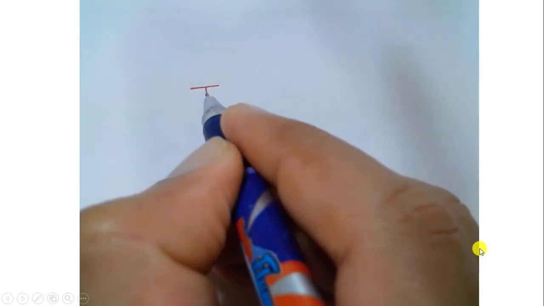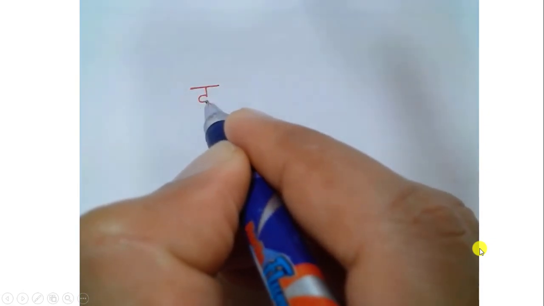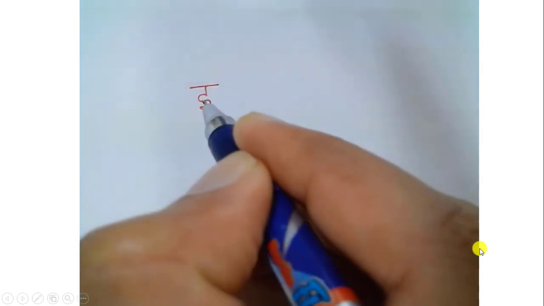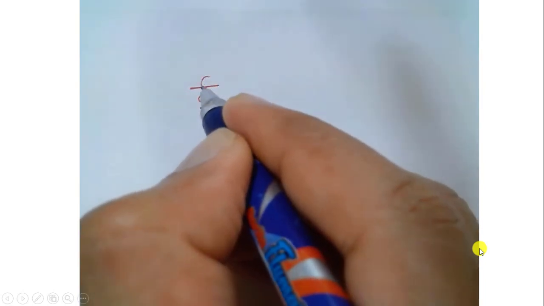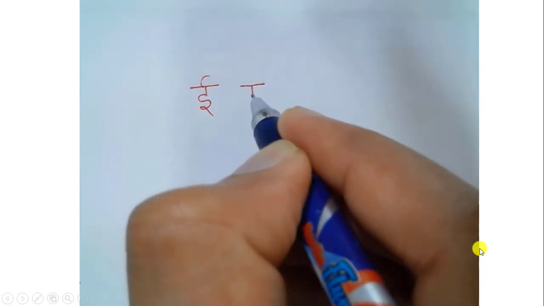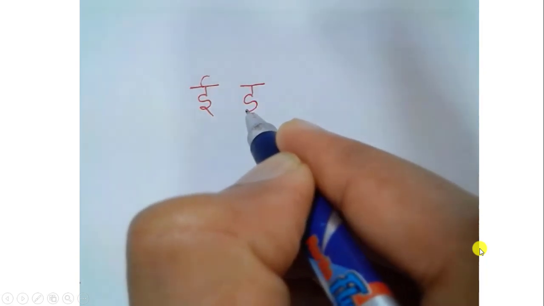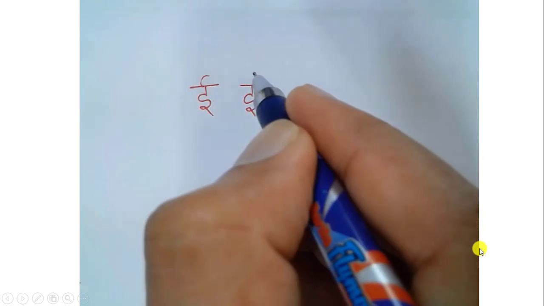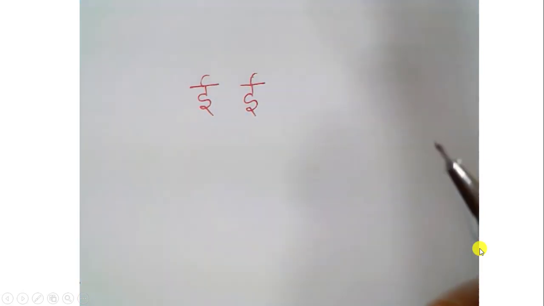Horizontal line, small vertical line, like this, and at the top like this. Once again, and like this. All right.